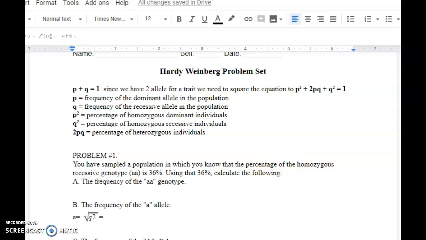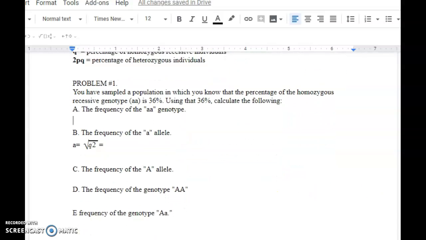So I'm going to do this first problem for you. This is the paper you're going to be working on. As I do this, this equation will be up there for you to see. If you follow this procedure, you should be able to figure out the equation and get the answers that you need. All right, so we have a sampled population. We know the percentage of homozygous recessive genotype, little a, is 36%.